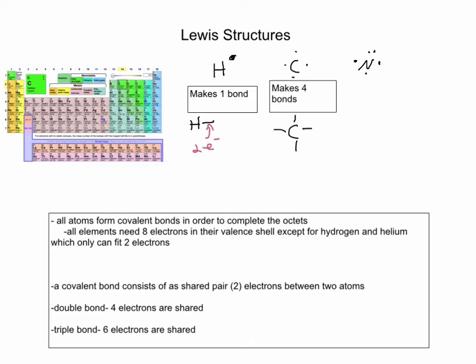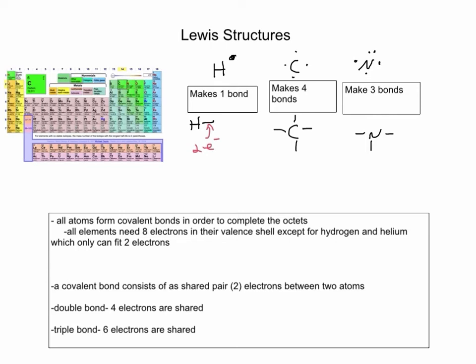This means it has to make 3 bonds in order to have a complete octet. So nitrogen will commonly look like this when it's in a compound. It's also a very good element to put in the middle of a molecule because it can make 3 bonds. The same would go for phosphorus as well because it also has 5 electrons.